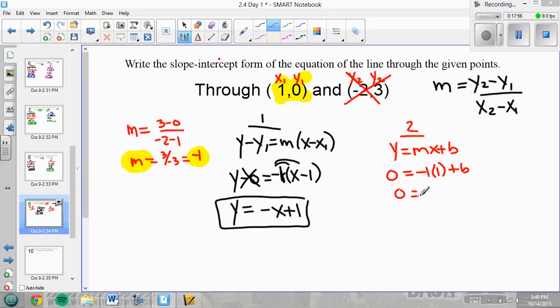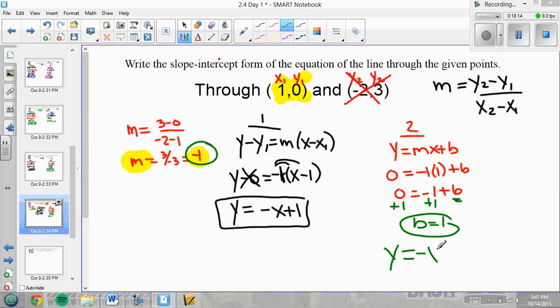So 0 equals negative 1 plus b, and my goal is to get b by itself, so I want to add 1 to both sides, so I know b equals 1. So plugging in my slope and b, I know y equals negative x plus 1. Now could you put the negative 1x? You sure can. If that makes more sense to you, you can leave it because it's the same exact thing.